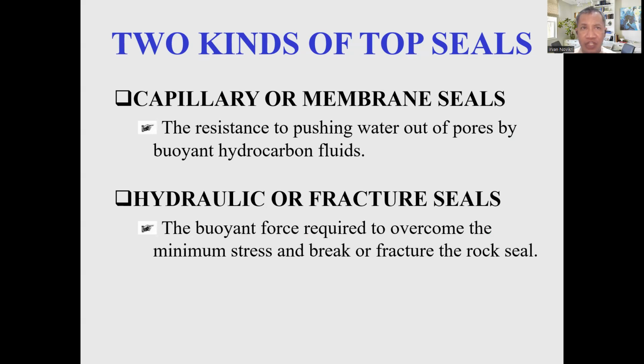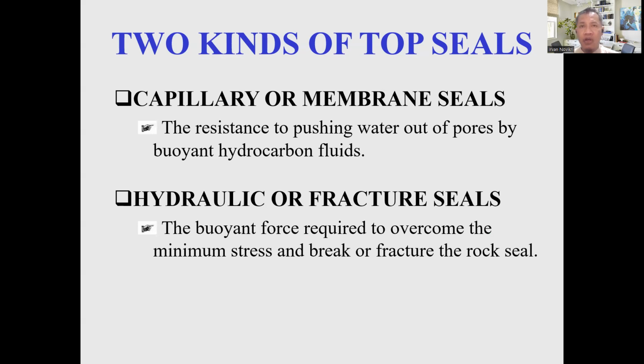prevent the fluid migration. On the other hand, hydraulic or fracture seal involves the buoyant force needed to surpass the minimum stress and cause the rock to break or fracture. This type of seal in the geological formation requires a buoyant force that surpasses the minimum stress threshold to fracture or break the rock seal, allowing fluid migration to occur.